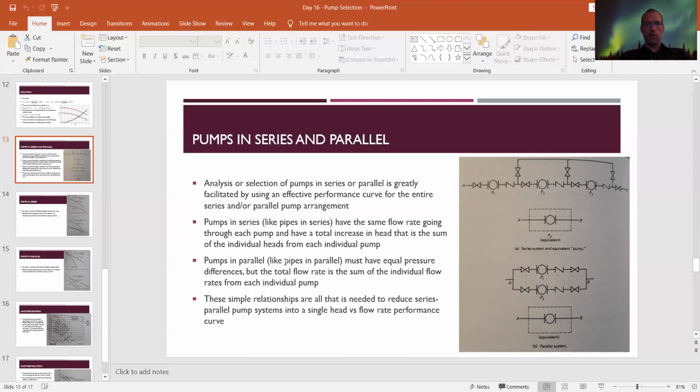Parallel is going to be the opposite. All have the same pressure difference, but the flow rates are the sum of all the individual pumps. And that's all I really need to be able to combine these into a single pump from my parallel network or series network.